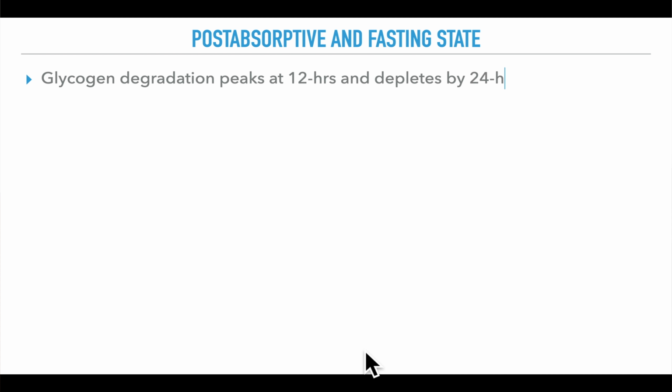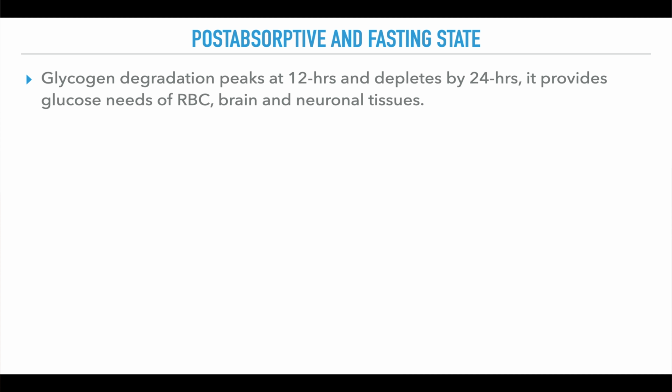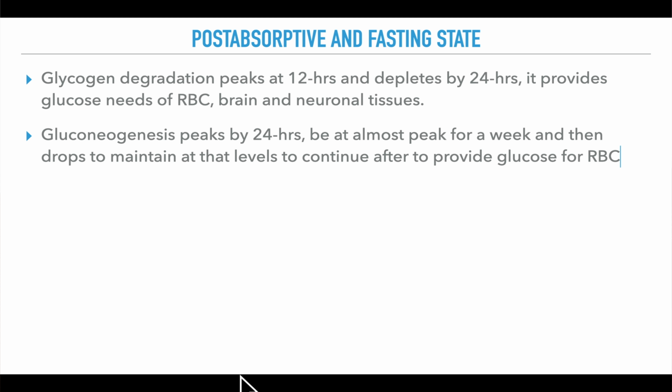So, let us recap. Glycogen degradation peaks at 12 hours and depletes by 24 hours. It provides the glucose needs of red blood cells, brain and neuronal tissues. Gluconeogenesis peaks by 24 hours, stays almost at peak for another 1 week, and then drops to a level that is maintained to continue providing glucose for red blood cells, brain and other neuronal tissues.